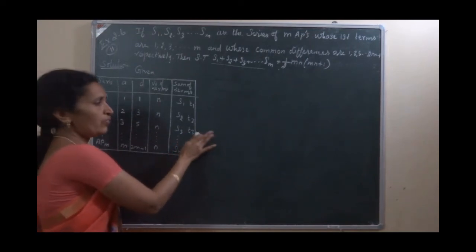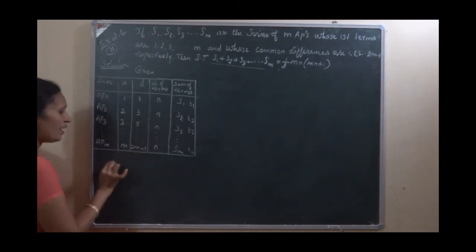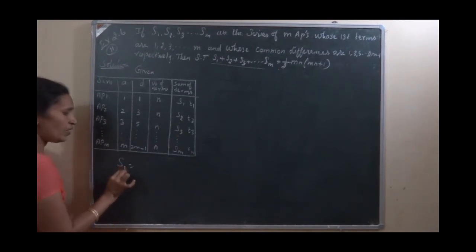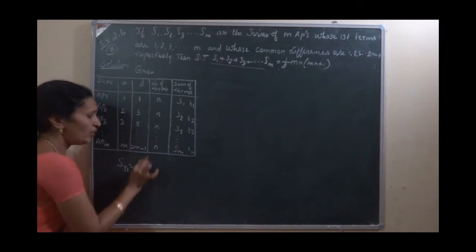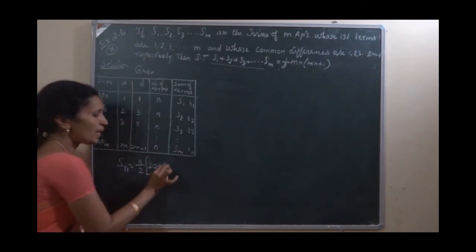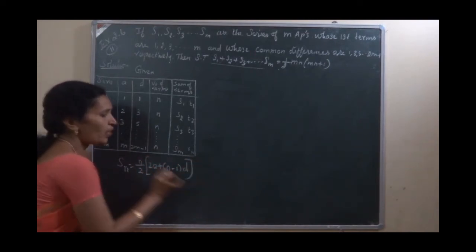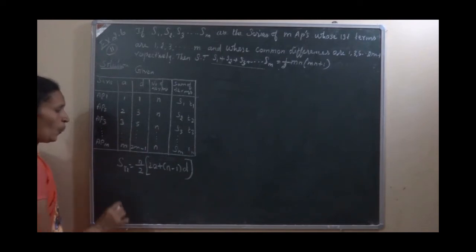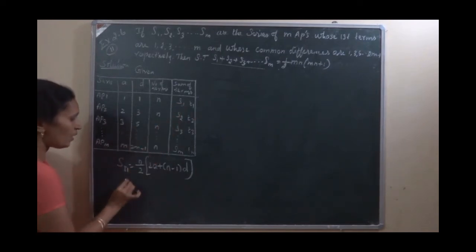For that, first you have to write S1. First we write the formula Sn. Formula n by 2 into 2a plus (n minus 1) into d. General formula. Here S1, first term.